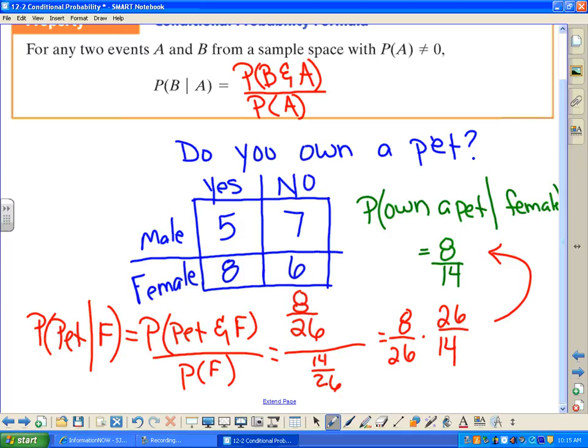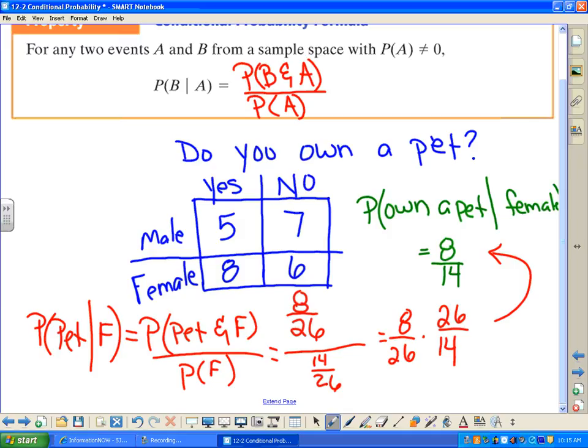Okay? Do you need to use the formula if you have a chart? No, right? If you have a chart, it's just as easy to do what we've been doing, right? Just restricting the sample space and getting your probability from there. That's how I would do it. But you might find yourself needing this formula in other situations.